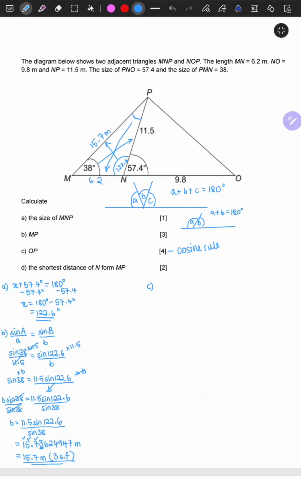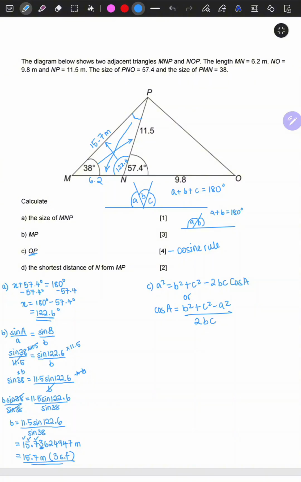The first formula is to calculate the length of a side: a squared equals b squared plus c squared minus 2bc cos a. But if we're calculating an angle, you're going to use cos a equals b squared plus c squared minus a squared over 2bc.